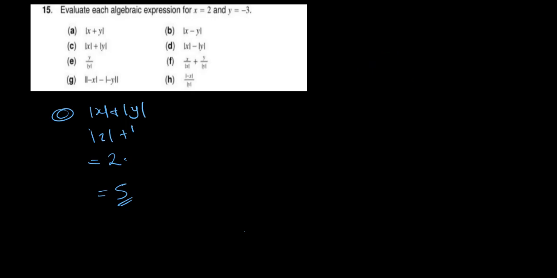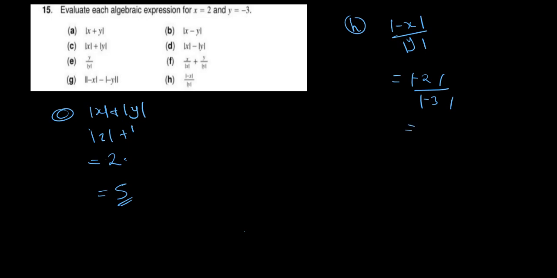Alright, so now let me just solve H. H is giving me X over Y, absolute like that. So what we do is, X is 2, so it will be negative 2 absolute like that over Y absolute, which is negative 3 absolute like that.